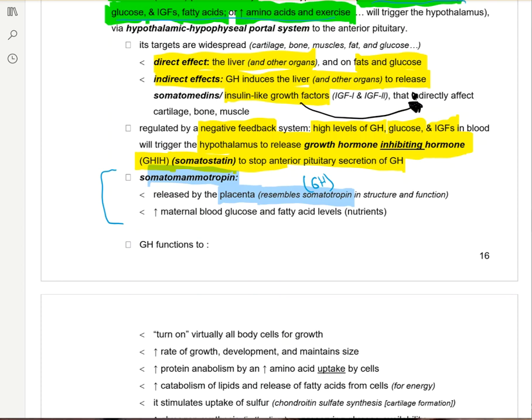What it does is increase the maternal blood glucose and increase fatty acid levels. So the placenta itself can notice if blood glucose and fatty acid levels aren't high enough for the fetus, and it will release its own hormone, somatomammotropin, to work just like growth hormone does. So that's kind of interesting and kind of cool.